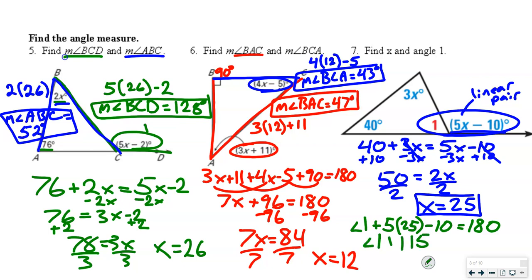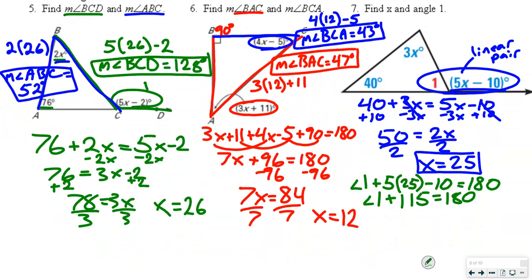So angle 1 plus 115 equals 180. I'll give myself some more room. Subtract 115 on both sides. And the measure of angle 1 will equal 65.